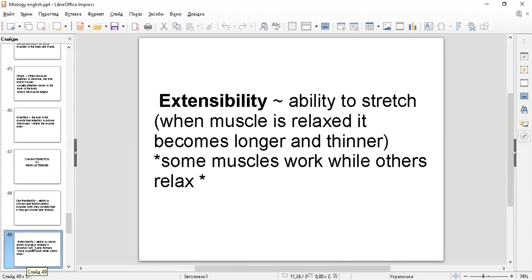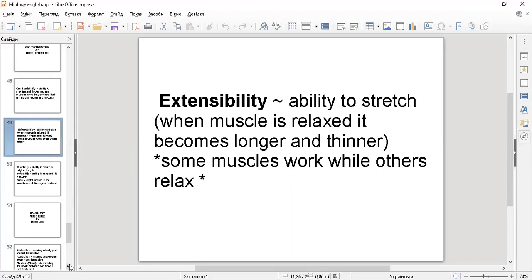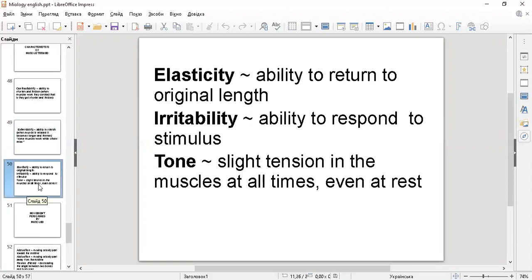Some muscles work while others relax. Elasticity: ability to return to original length.